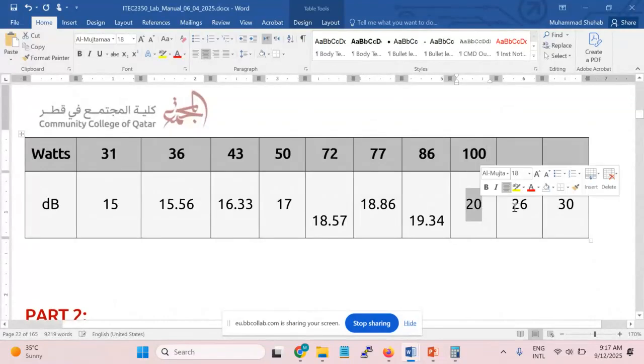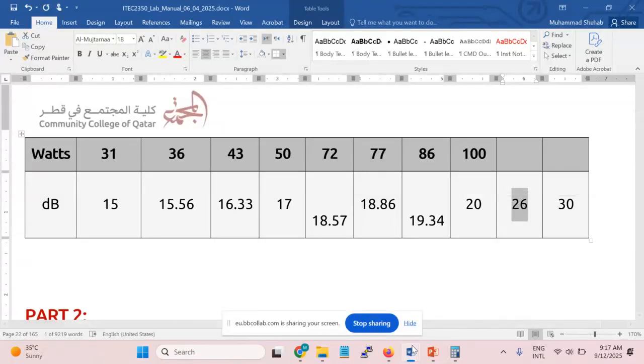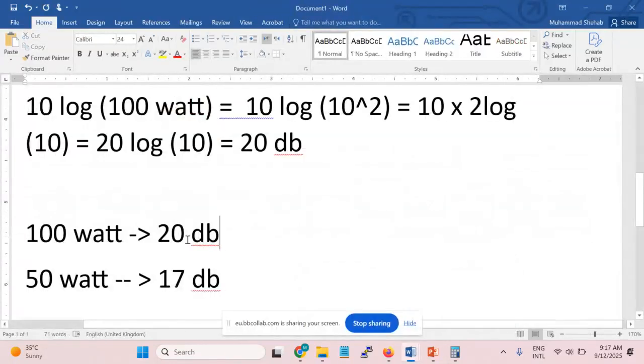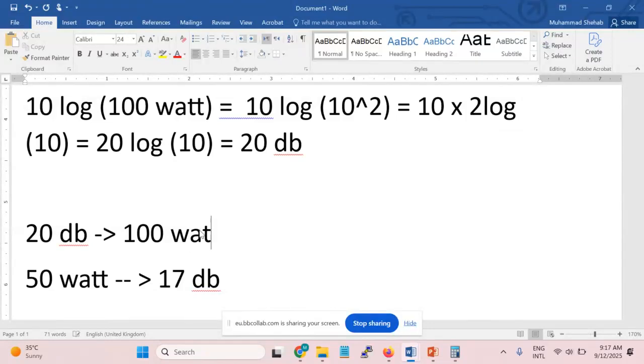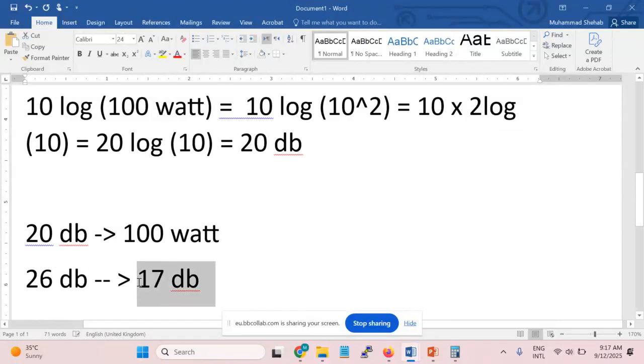Now, if 20 dB gave me 100 watts, 26 dB, how much will it give me in watt?